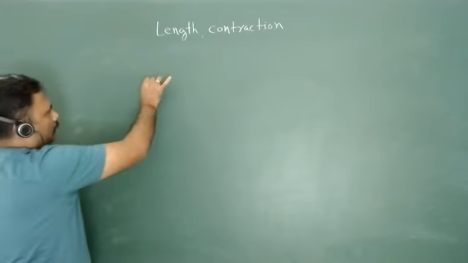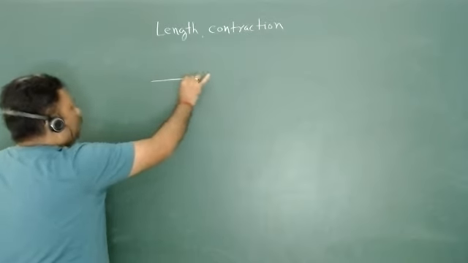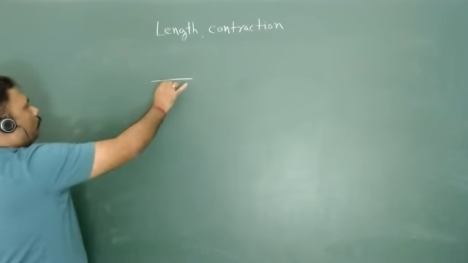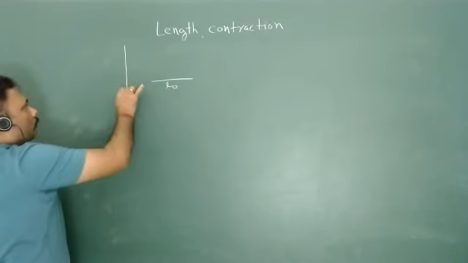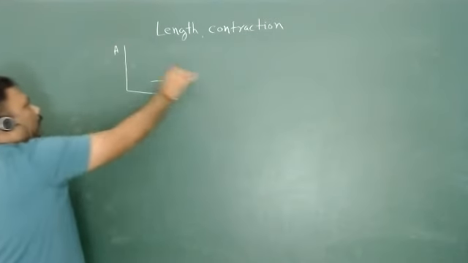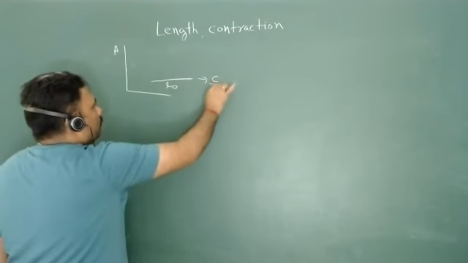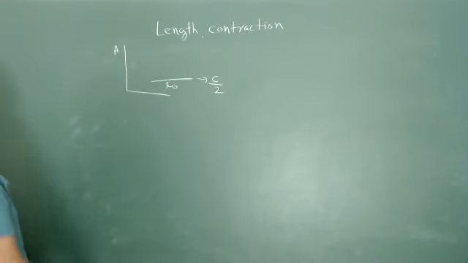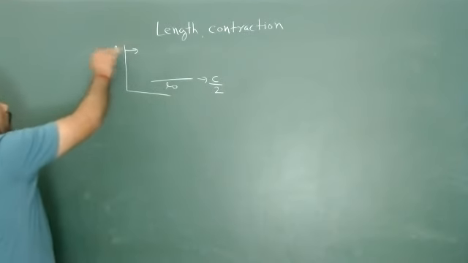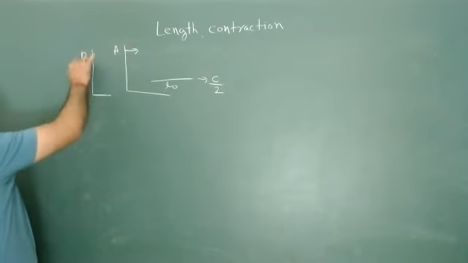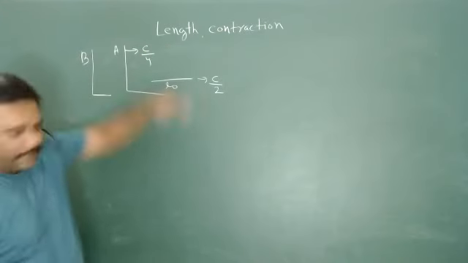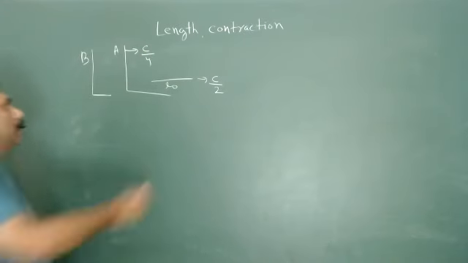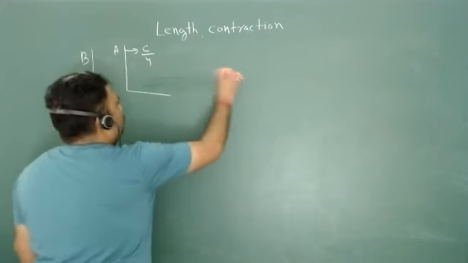So there is a rod whose proper length is L0, moving with respect to A with speed c by 2, and A is moving with respect to B with speed c by 4, and this is along the x-axis. I should make this picture very nicely.